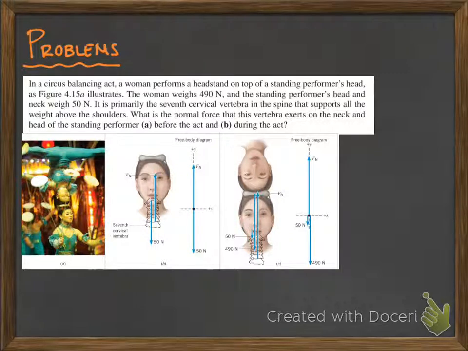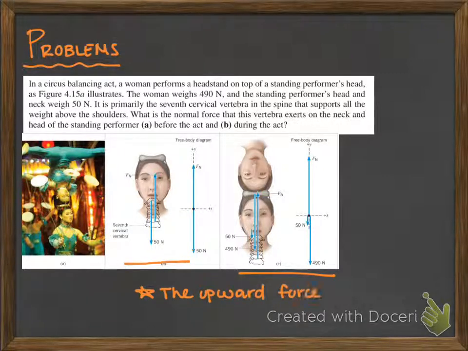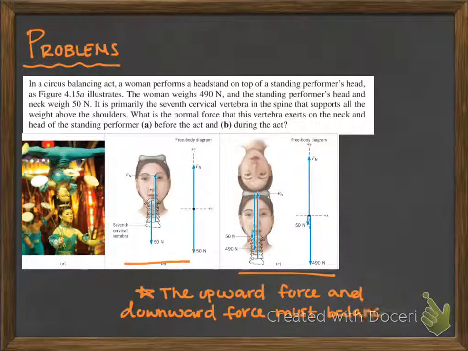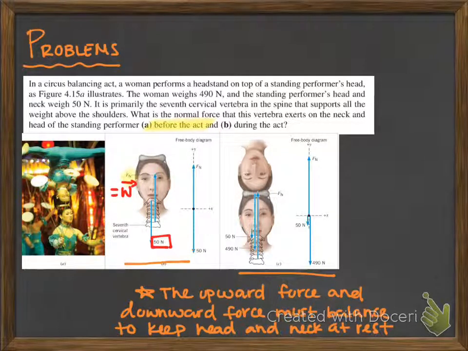So with the previous lecture, we learned that the upward force and the downward force must balance each other out, so they have to cancel each other out. So we know that in part A, since the normal force and the weight are directly opposite, the normal force is equal to the weight, so it would be 50.